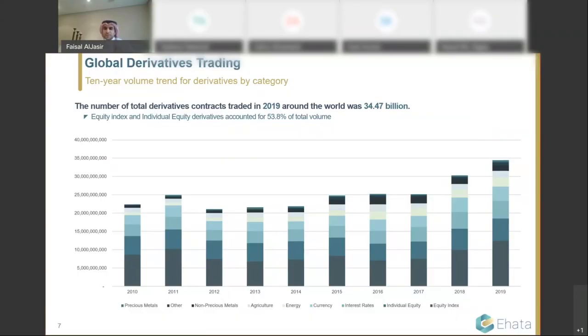It can be equity indexes, rate, currency, energy. As you can see here, the size of every exposure and the number of contracts aligned with it. Of course, derivatives are traded on both exchanges and over the counter, what is called the OTC market, which we will be talking about. We will soon also look at the difference between both.